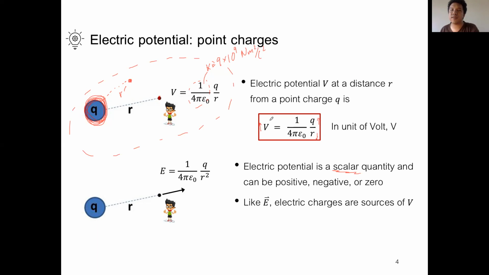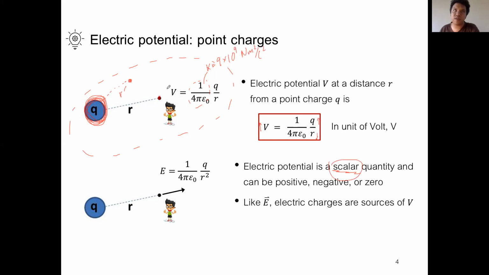In order to get a higher potential, you can increase the charge, or you can bring the point of interest closer to the charge. For the electric field, we say that electric potential is a scalar quantity, meanwhile the electric field is a vector quantity.